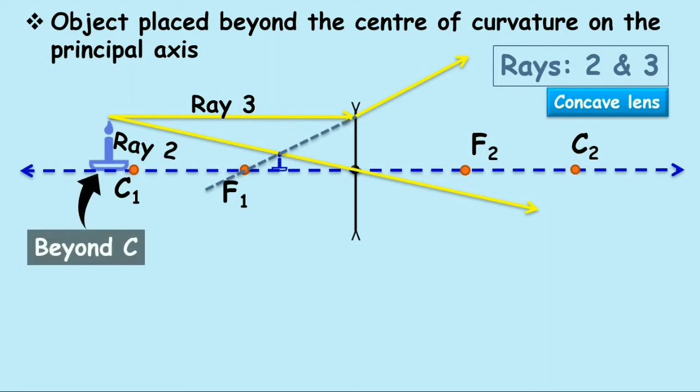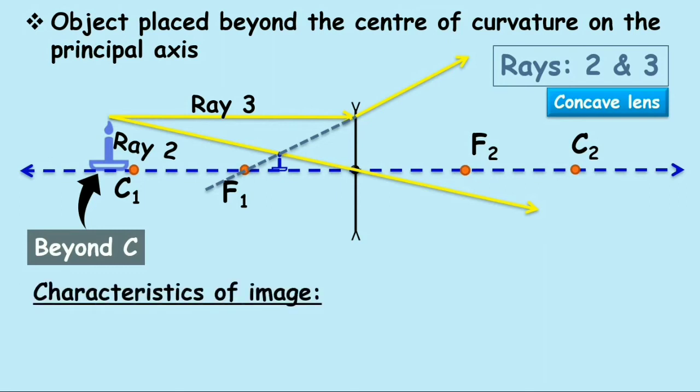Now the place of the object is beyond the center of curvature. Let us check the characteristics of the image. The image position is between F1 and P on the same side of the lens. Here object and image are both on the same side of the lens.